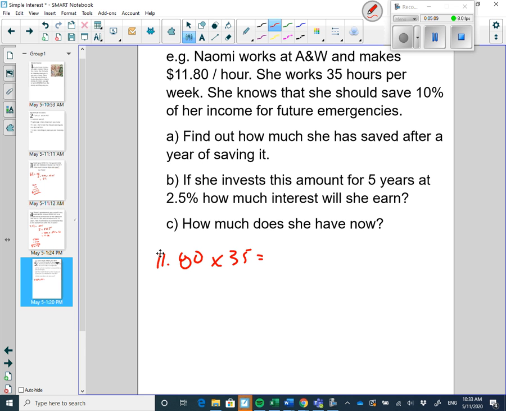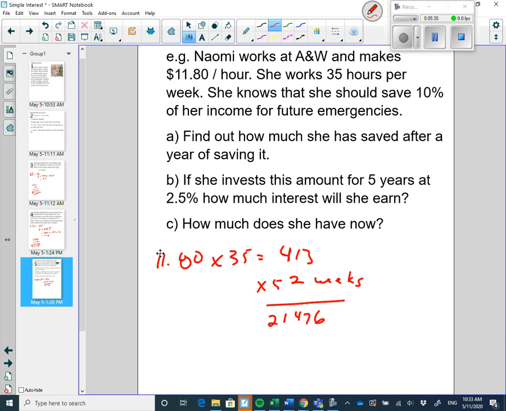That's her weekly pay. 11.80 times 35. She makes $413 a week. We're going to multiply that by 52 weeks because that's how many weeks there are in a year. And you get 21,476. She should save 10% of that.